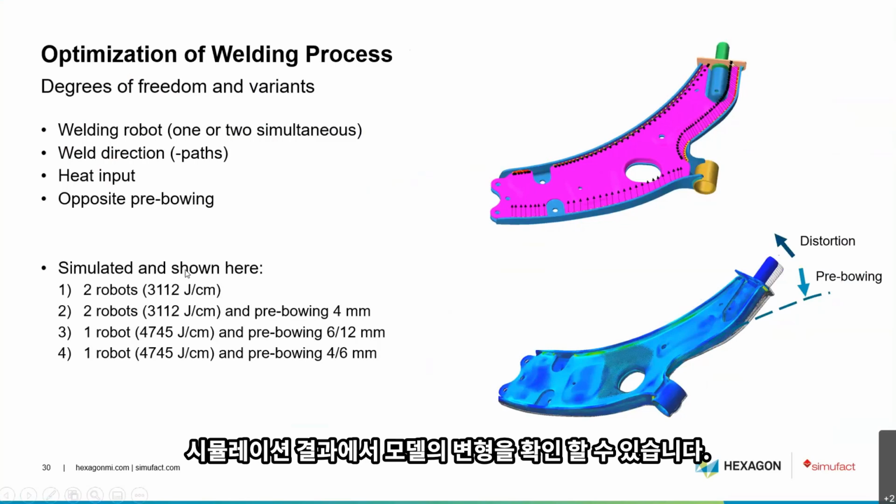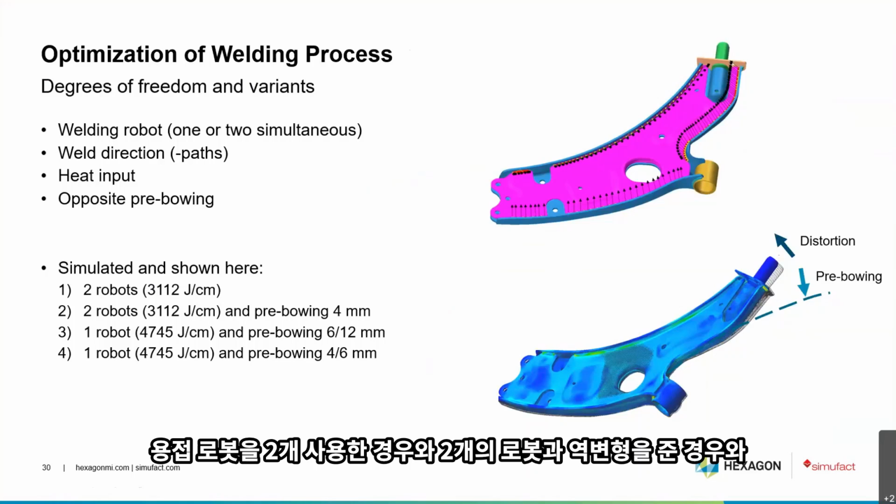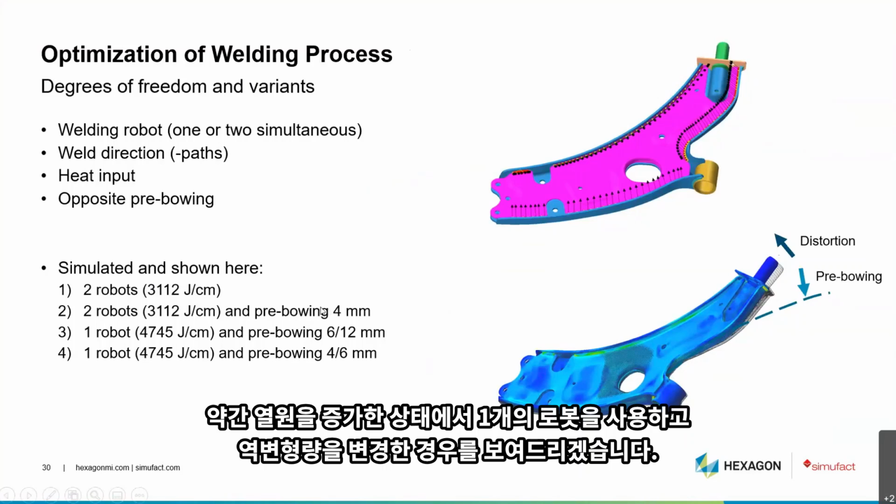And simulated and shown here are a few variants, 4 of them I will show. We have not been allowed to show all of them, and particularly not the best ones, but we can show some interesting ones. So we can show what happens with 2 robots and specific pre-bowing, or with only 1 robot and a slightly increased heat input and a varied pre-bowing, or another variation of the pre-bowing.